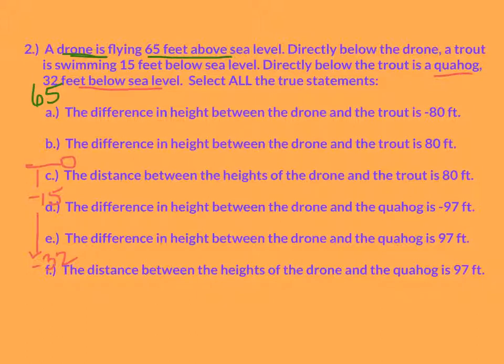So now I can see that I've got a couple of different distances. Before I even start looking at these statements, I've got this distance here from 0 to 32. I've got a distance from negative 15 to 32. And then I've got this distance from 0 to 65. And then, of course, there's the distances between the drone and the things that are underwater.